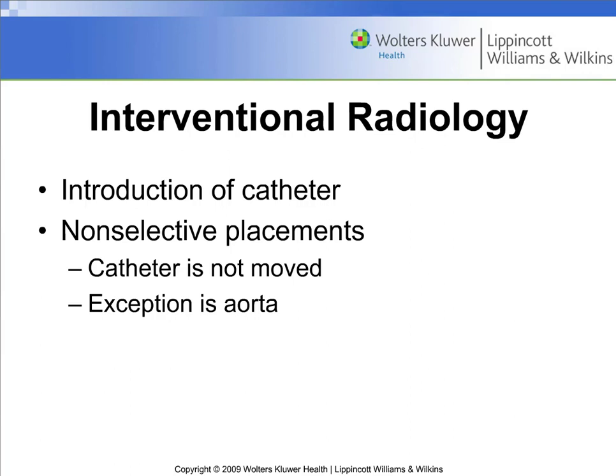The catheter is accessed into an area and is placed in the aorta and stops. It does not get manipulated or moved anywhere else. Again, that's called a non-selective placement.